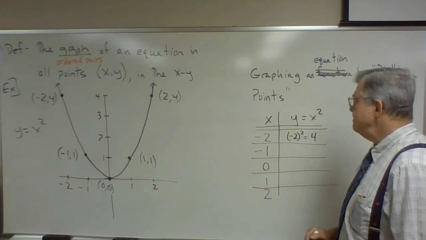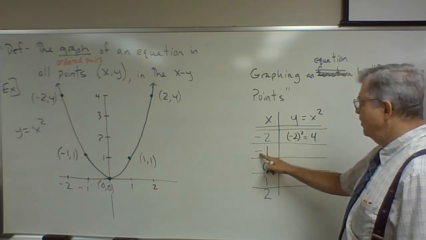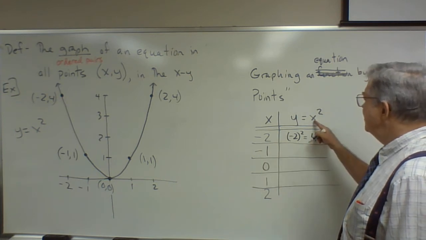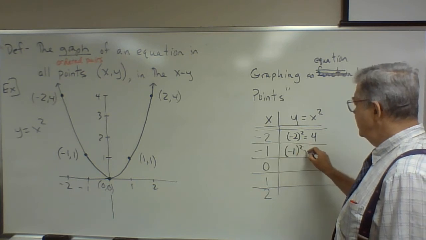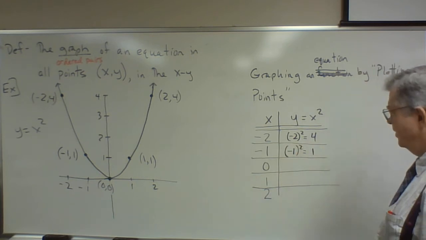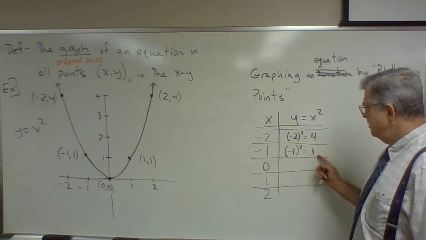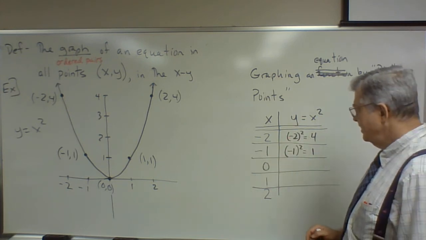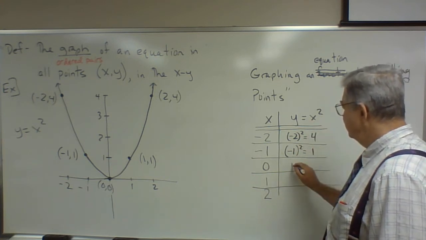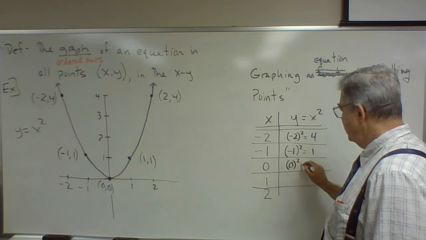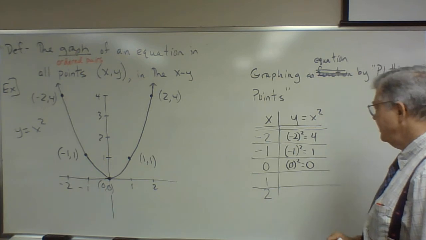When x is -1, I put -1 in for x, and -1 squared is +1, so that tells me that when x is -1, y is +1. I take 0 and I substitute that for x, and that gives me the corresponding y value of 0.